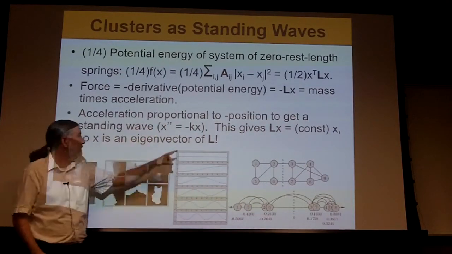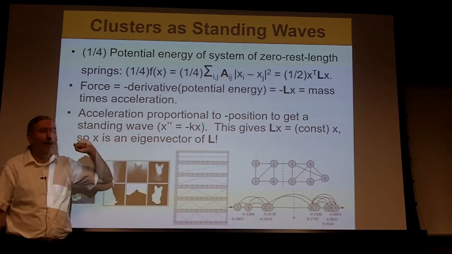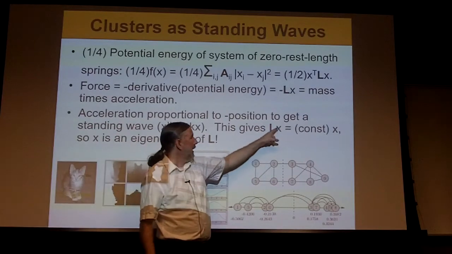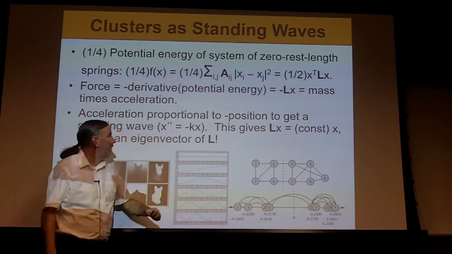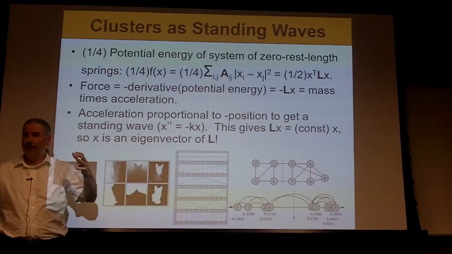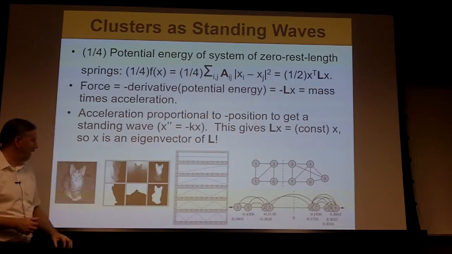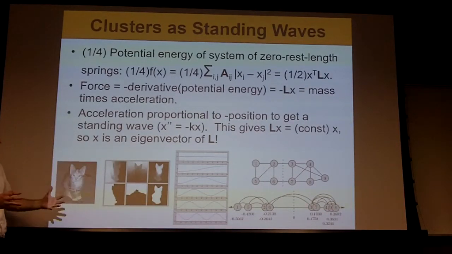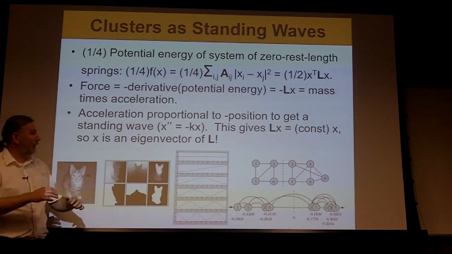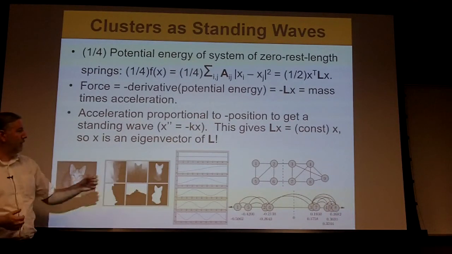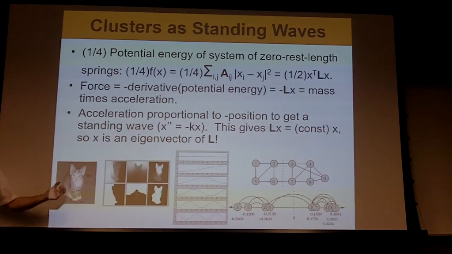That's the same equation that defines oscillatory behavior. And so eigenvectors are the solutions that give you oscillatory behavior in a spring system. If you think about modeling a data set or a graph as a system of springs, then the standing waves in that system are the eigenvectors. So there's a very physical interpretation of these things.